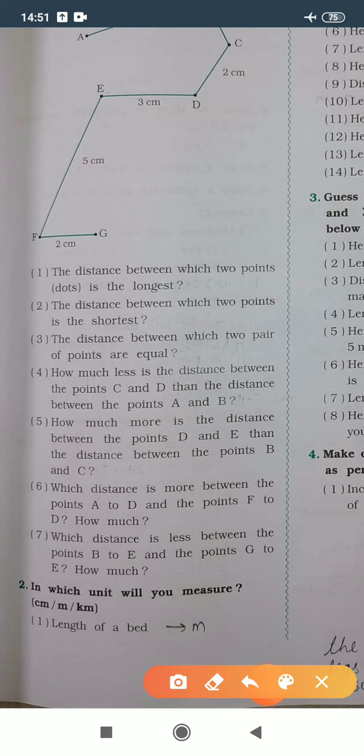Let's see question number 5. How much more is the distance between the points D and E than the distance between the points B and C?